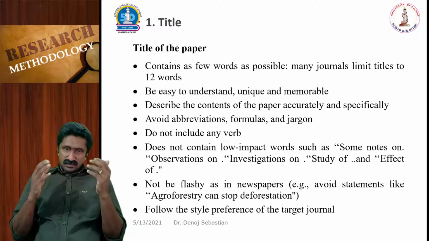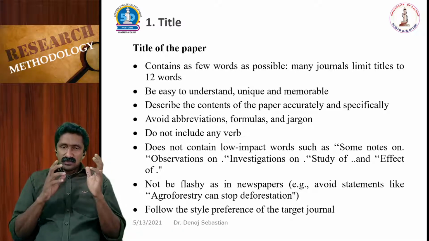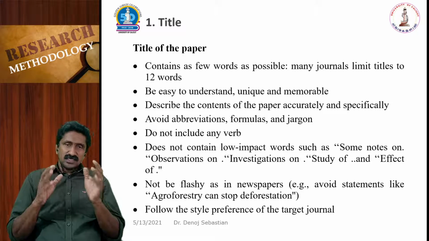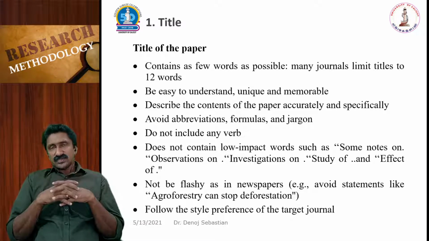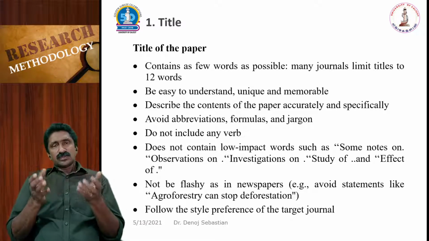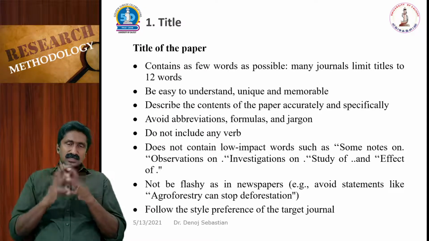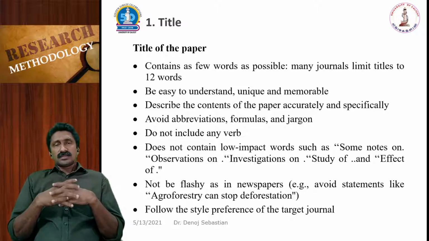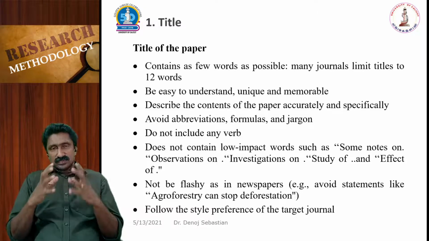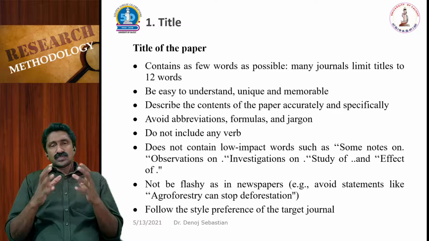And even in every stage, from title to references, each journal will have its own policies and its own styles. So you have to go through the directions to the authors of the concerned journal, and then prepare your manuscript in such a way that it suits the style of the journal.